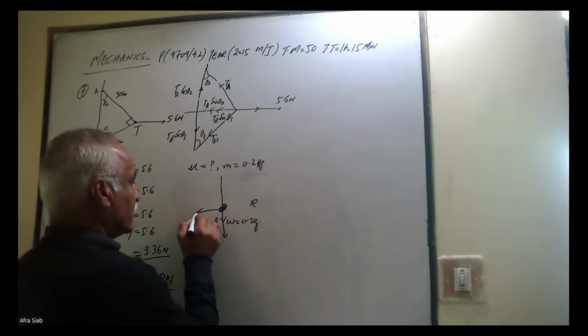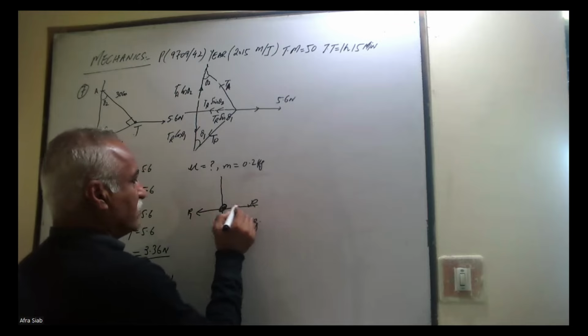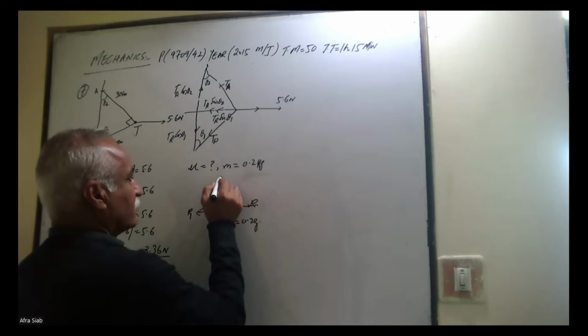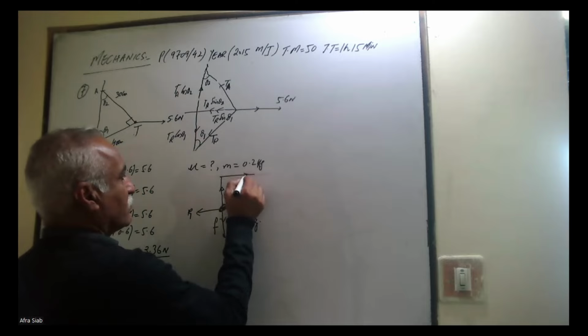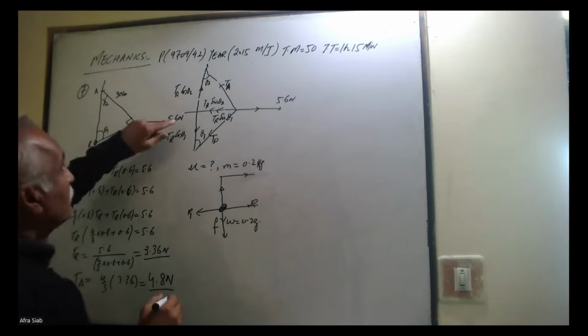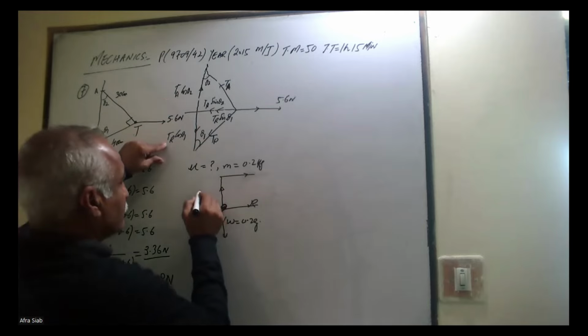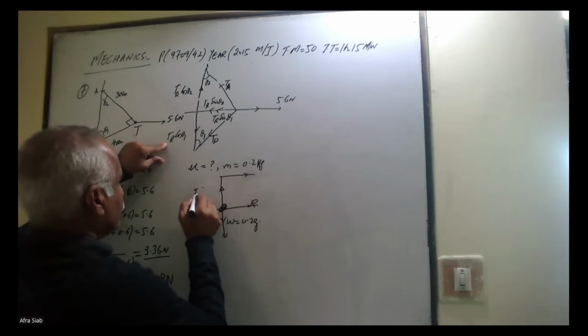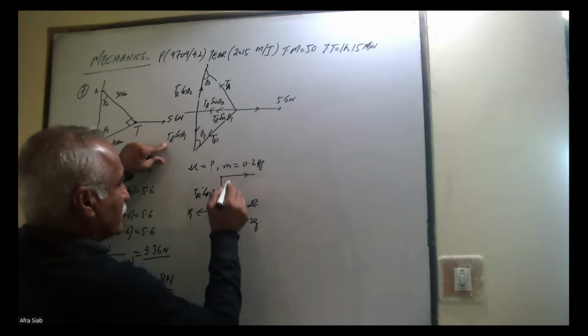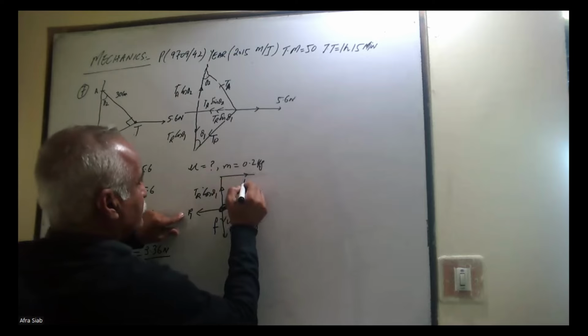Then there is a normal reaction R1 perpendicular to that surface, and this is the component TR cos of theta 1, it is upward.